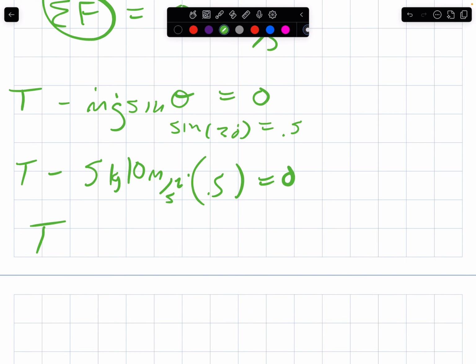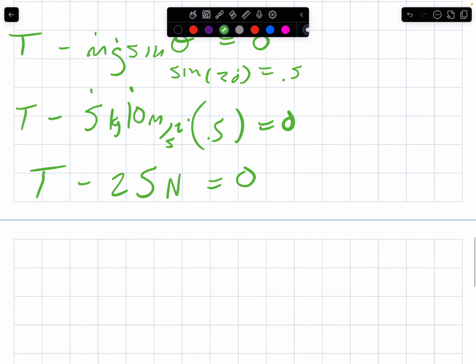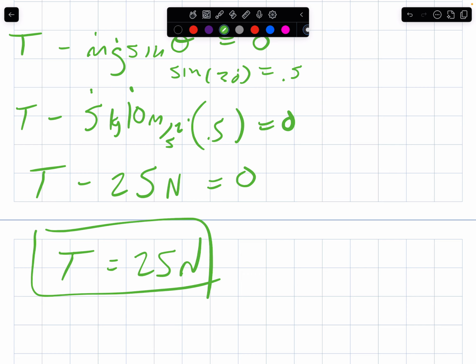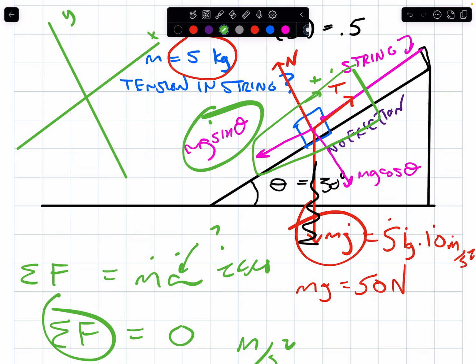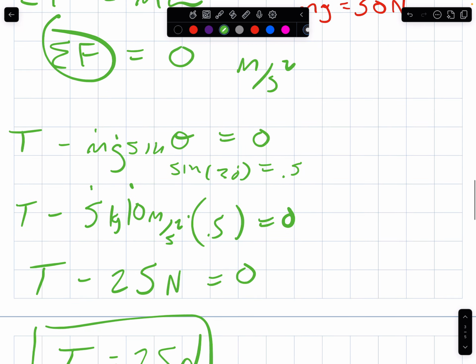So T minus, so 5 times 10 is 50. And 50 times 0.5 is 25. So T minus 25 newtons is 0. So that means that the tension in that string, it's 25 newtons. All right. So yeah, the tension is 25 newtons. And there you go. Problem done.